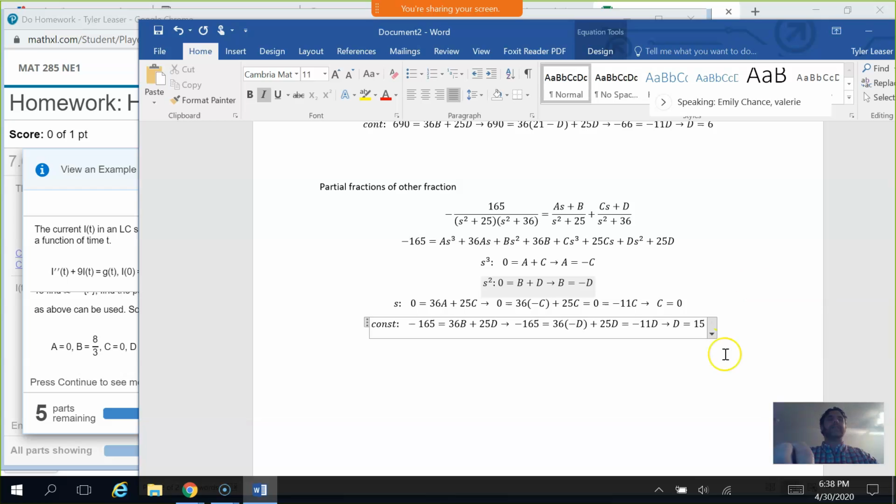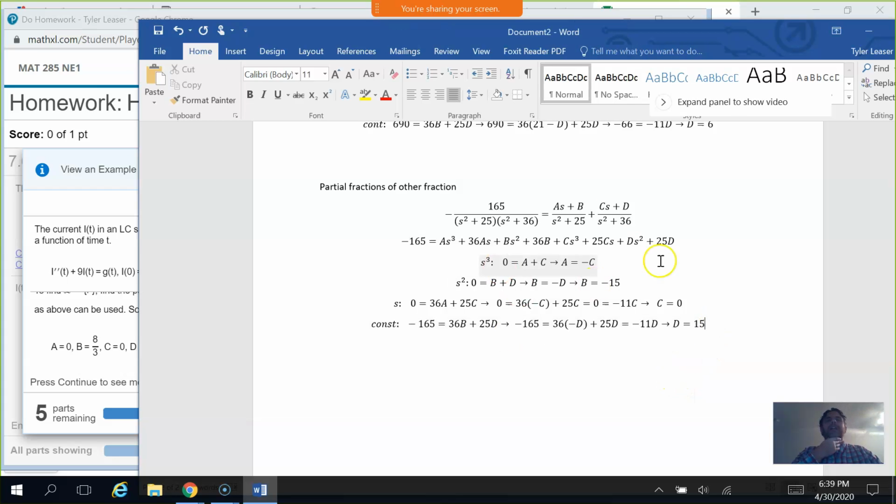So D is 15. Okay, cool. And then if D is 15, that means that B has to be negative 15. All right, I know I did these kind of quick. Just take your time with it and get it right.